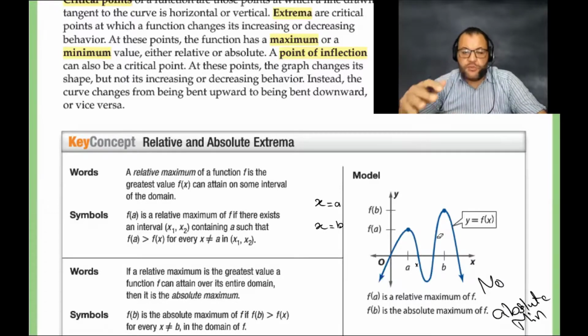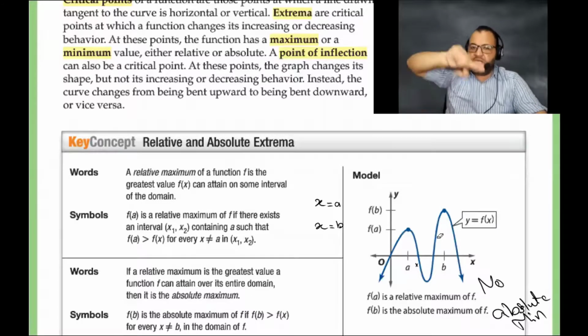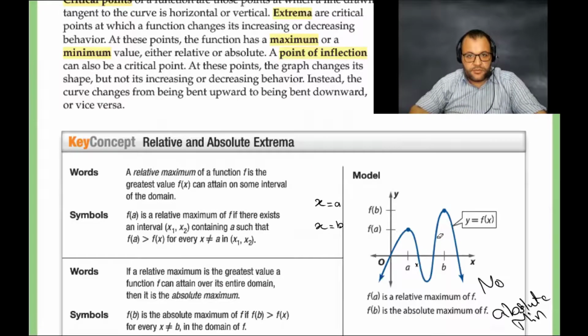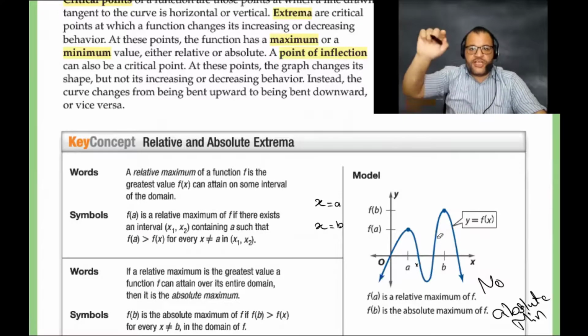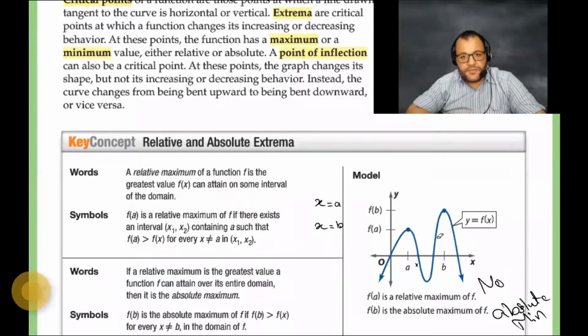The absolute maximum is the highest point over the whole graph. We count the highest point among the turning points. A turning point must turn from increase to decrease. That is the meaning of the turning point, the maximum or the minimum. Do you understand this point? Is it clear? Okay.